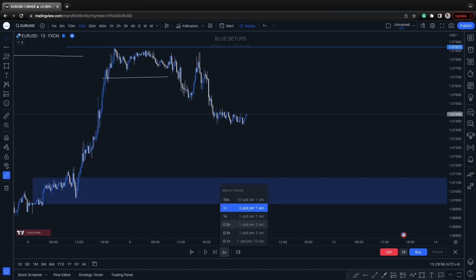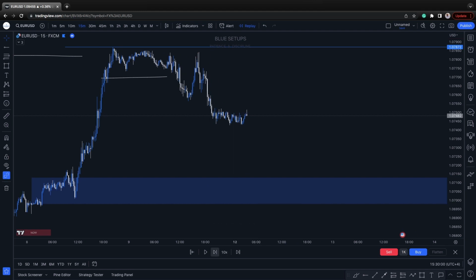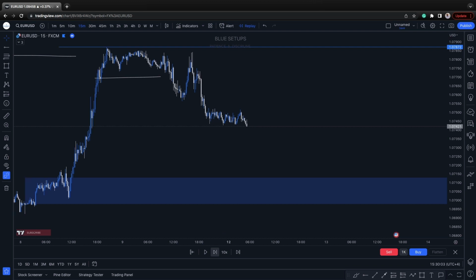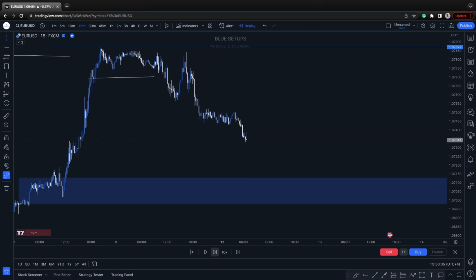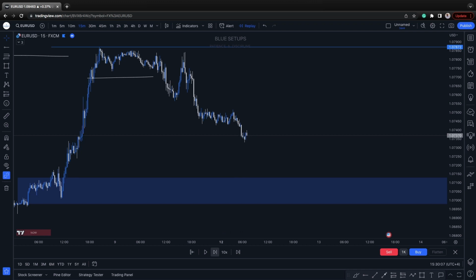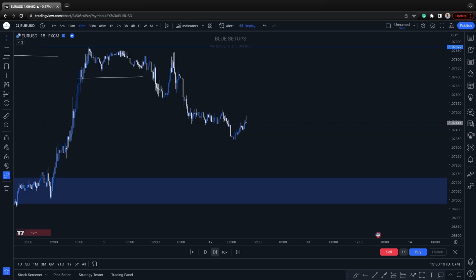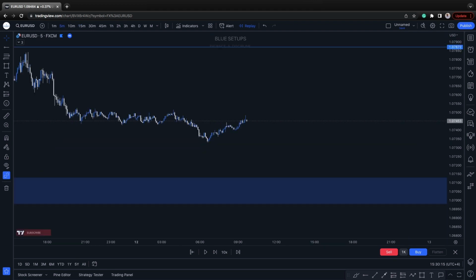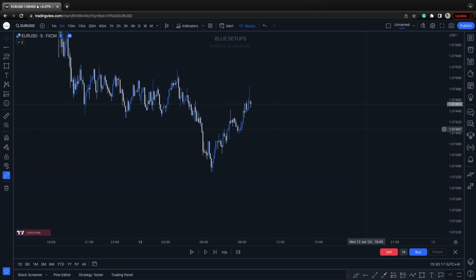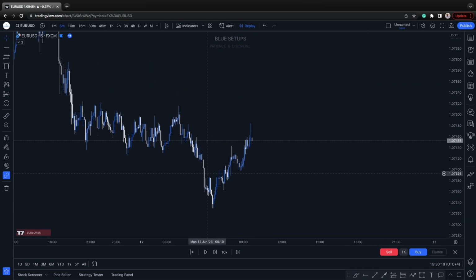Let me increase the speed. Okay, let's see. We want to see those breaks. So what happened is, if you went lower, there was a break right here, another break right here, and another break right here, which means we already had displacement put in place in the market.